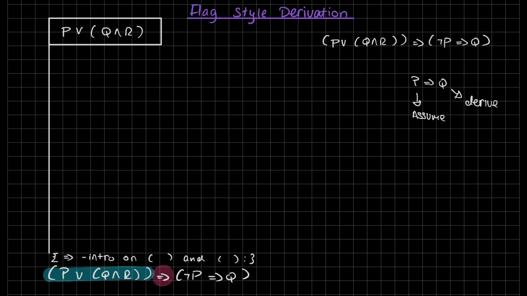What we also do is write assume before every flag, and this is just standard. Even though we know anything in the flag is an assumption, we write assume to make it more clear.